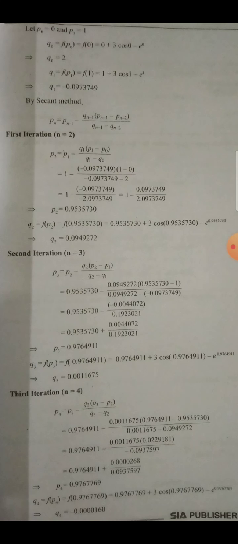Third iteration, n equals 4. p4 equals p3 minus q3 into p3 minus p2 by q3 minus q2, equals 0.9764911 minus 0.0011675 into 0.9764911 minus 0.9535730 by 0.0011675 minus 0.0949272.